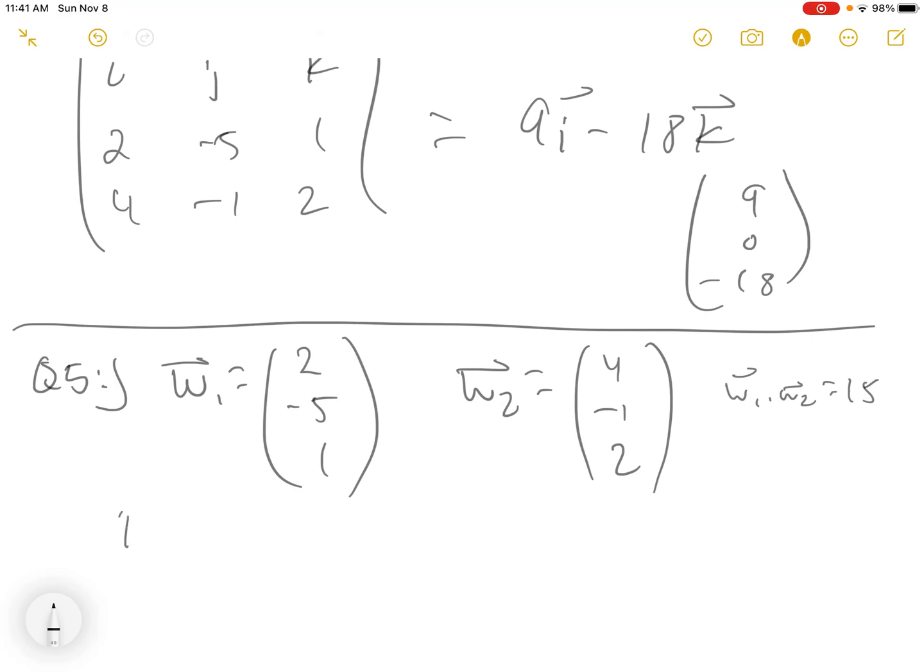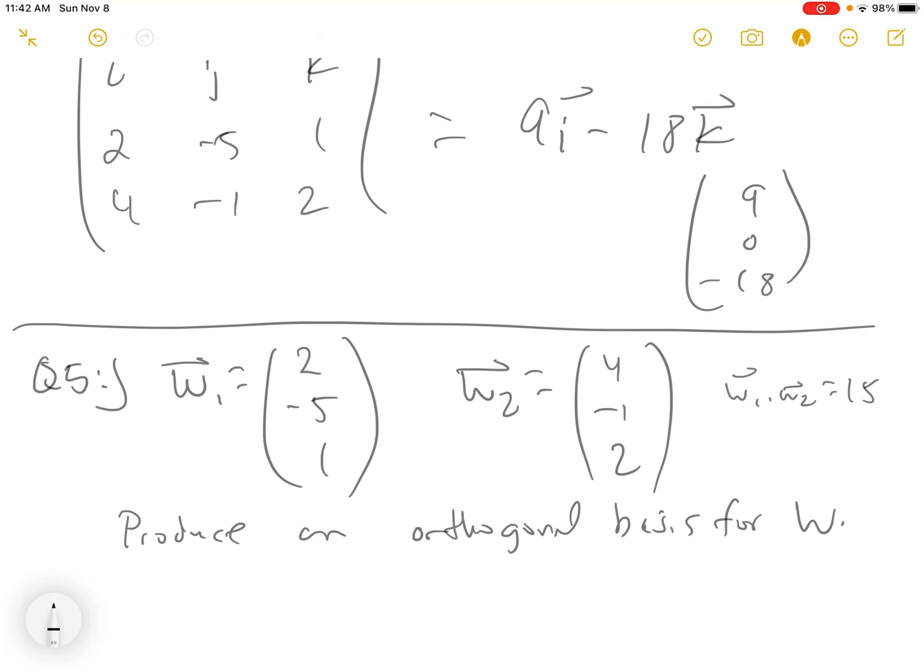And we want to produce an orthogonal basis for W. So again, pause this and ask yourself, how do I produce an orthogonal basis for any subspace or vector space for that matter?